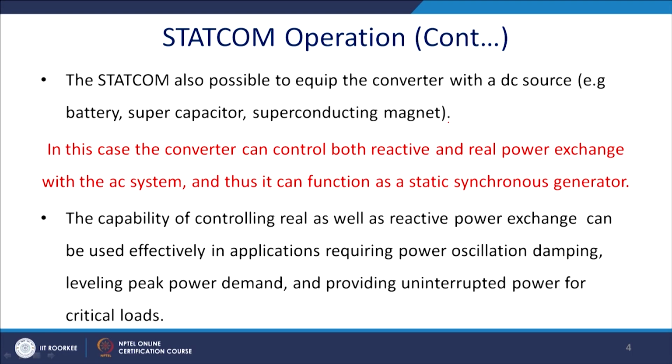In this case, the converter can control both active as well as reactive power of the system, and thus it functions as a static synchronous generator. Nowadays this is one of the points of investigation for this kind of topology, because we have solar panels that can be fed into the Statcom, and thus it can also inject real power.